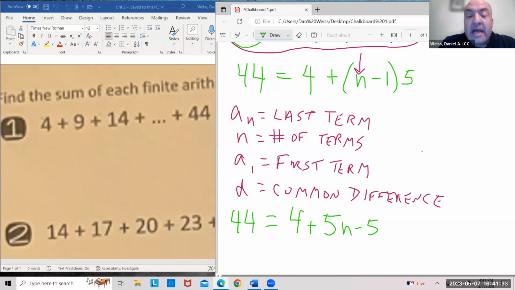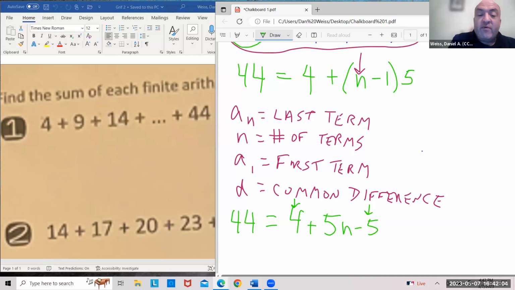Now, actually, I'm going to let you tell me. Would you like to tell me what I would do here? I'm assuming you would add 5 on both sides. You could do that. I'm going to go ahead and combine this 4 with the -5. You could do it your way, and that'll work also, because once you add 5, then you would subtract 4. It's the same thing.